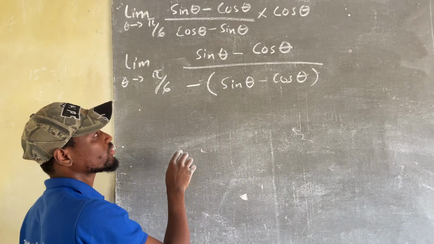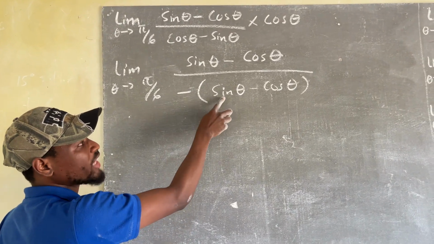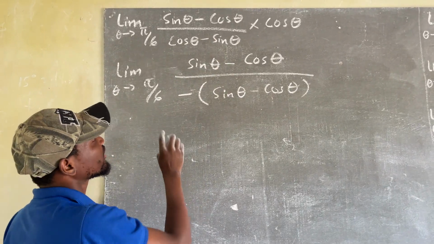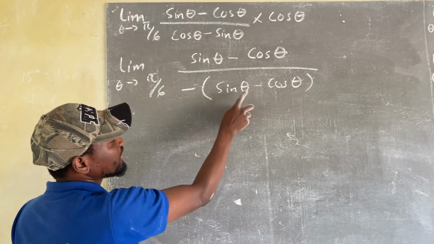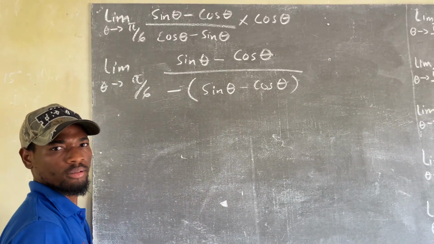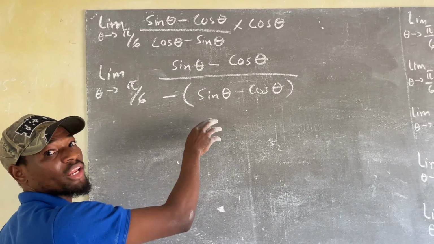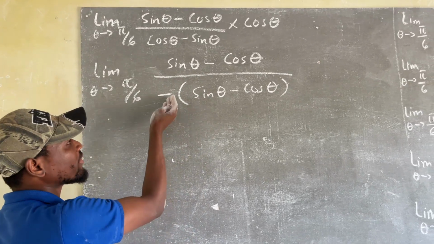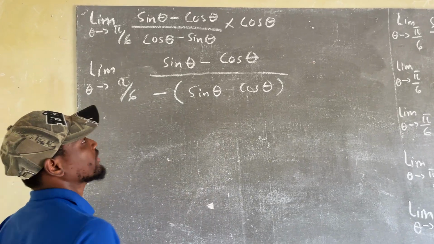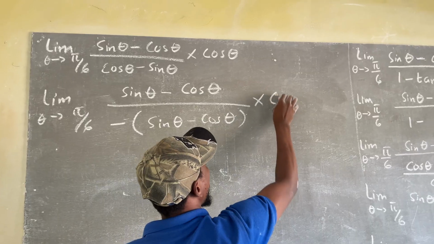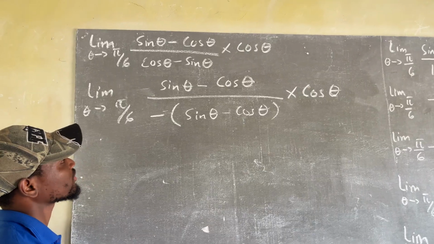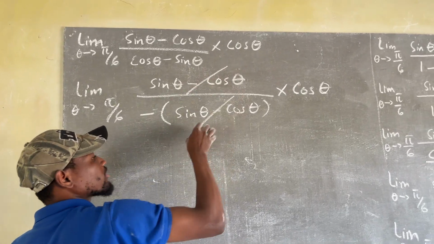If I multiply negative times sine theta, I still have negative sine theta. I have not changed it. Now, negative times negative gives me positive, this is positive cos theta, right? So I intentionally did it this way so that I can easily cancel out. Factorize negative out, copy and paste everything. That's all, right? Then we have times cos theta this way. So viewers, the whole of this cancels out this.